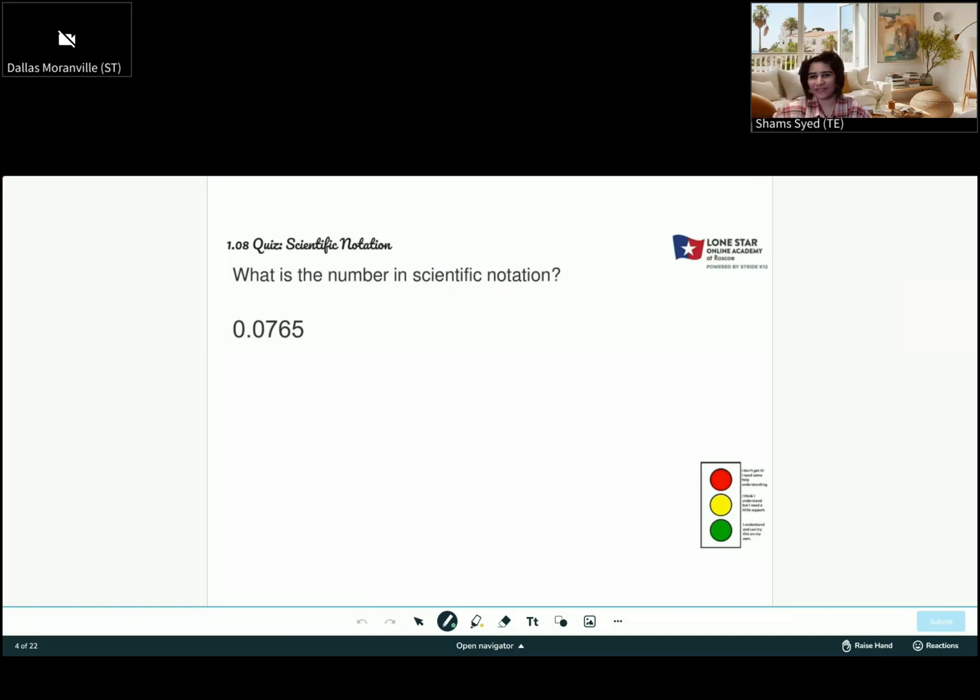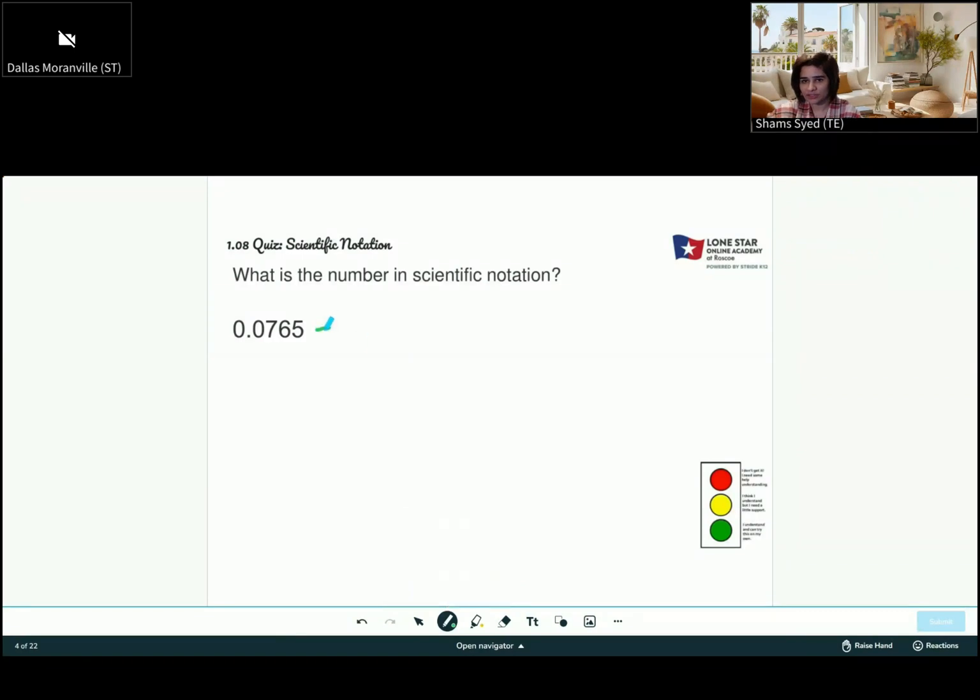Okay, let's go ahead and get started. We want to write this number in scientific notation. Remember, scientists want to write down numbers in a way that will take less space and that numbers are readable.